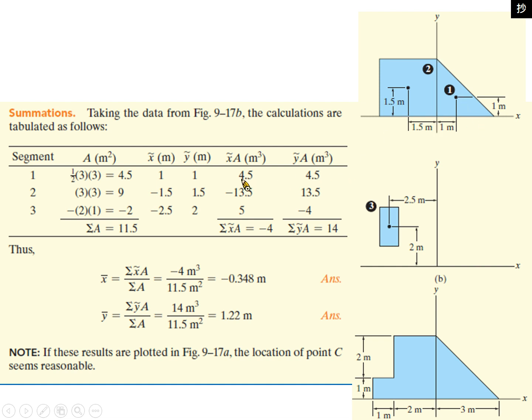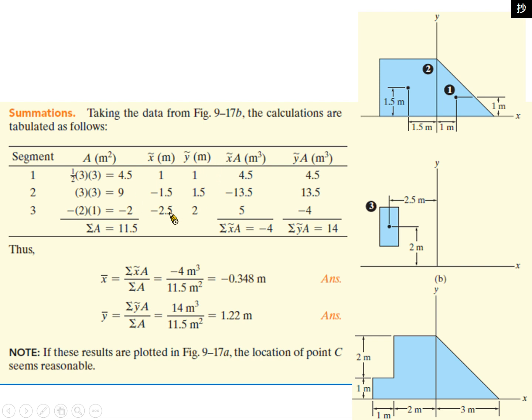And then we use distance times area. So for this moment of area, it is 1 times 4.5, so it's 4.5 here. So the moment of area for y is also 4.5.